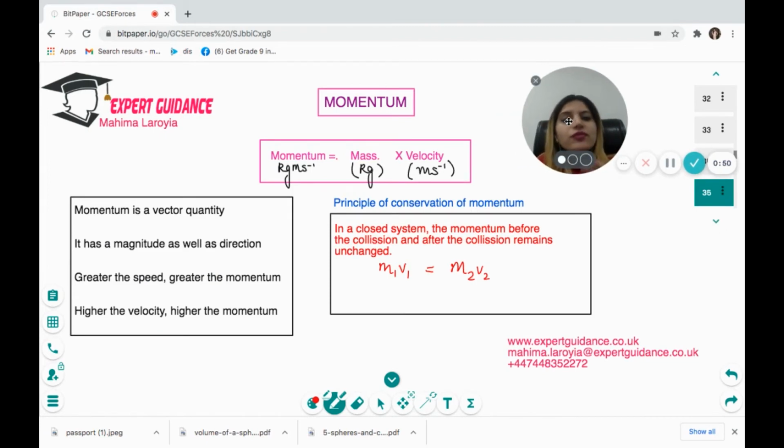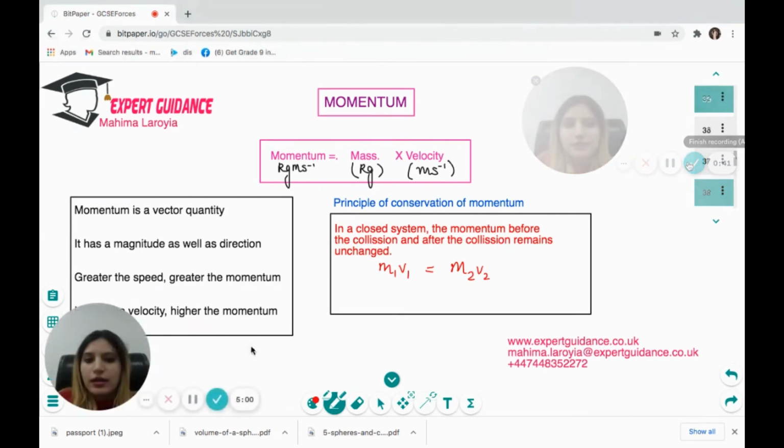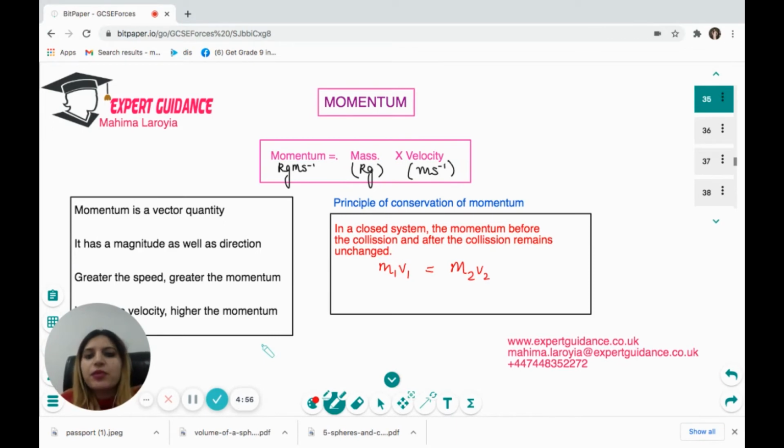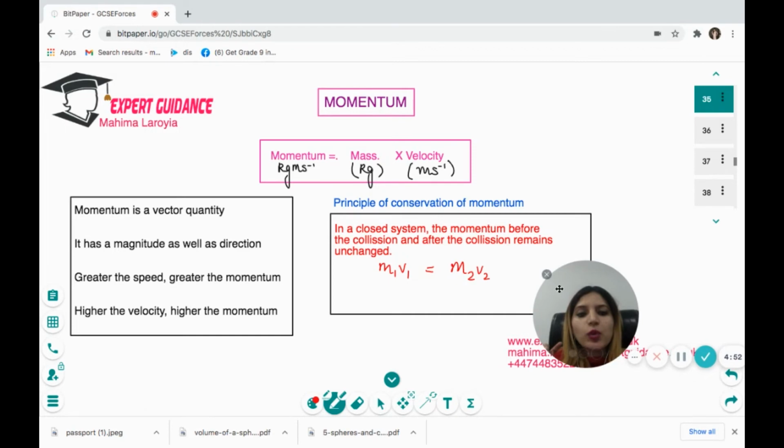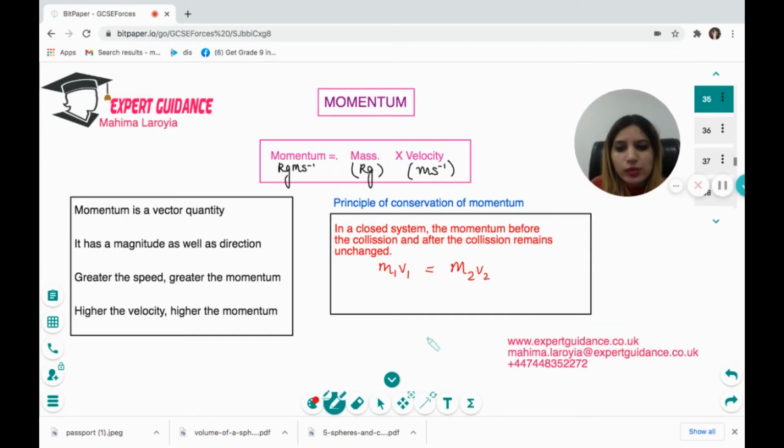Now, let us come to a very important concept called momentum. What is momentum? Momentum is the product of mass times velocity, and since momentum involves velocity, it is a vector quantity.